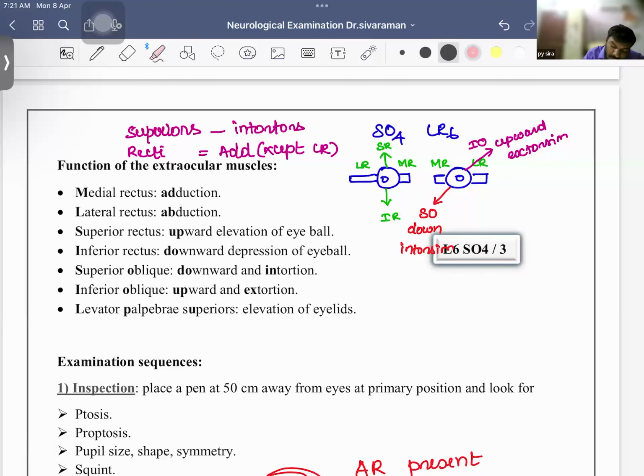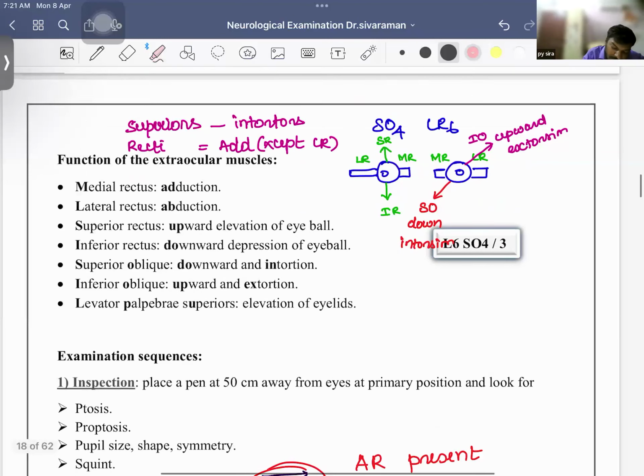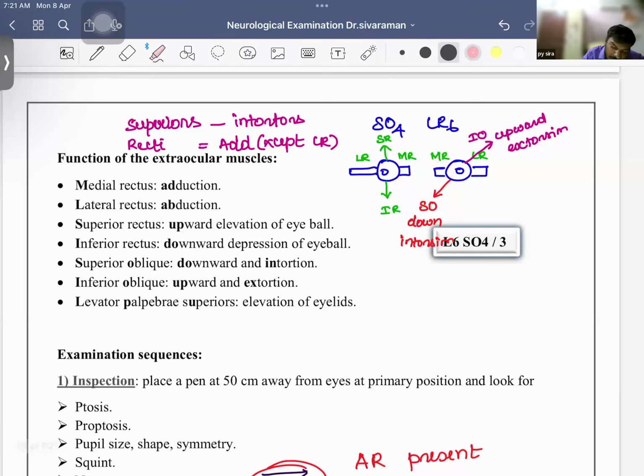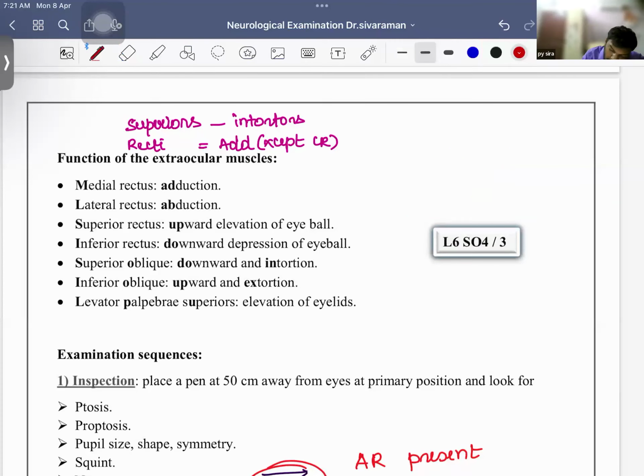Whenever you have any muscle here, I'll just draw the eye. This is the medial rectus, lateral rectus.